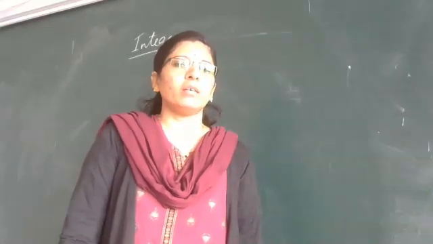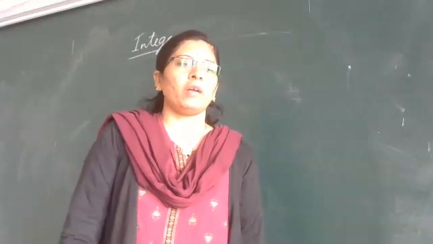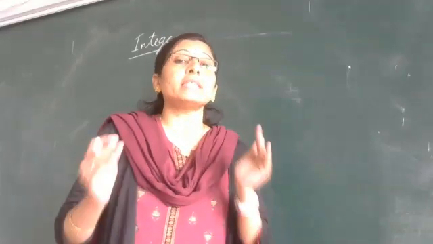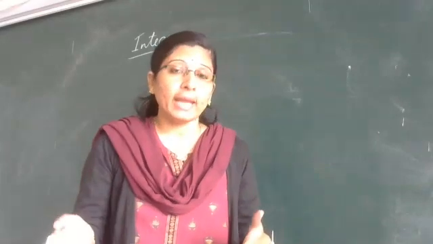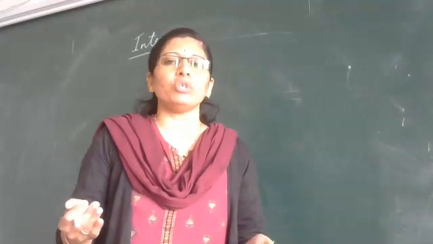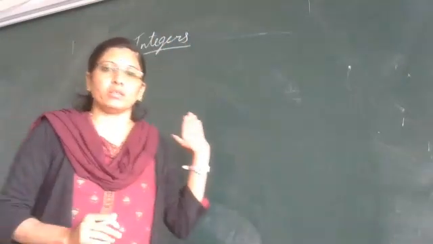Only minus, or plus also will be there. That also will be there, ma'am. Then what is an integer? It is a set of positive and negative numbers, both together, known as integers.